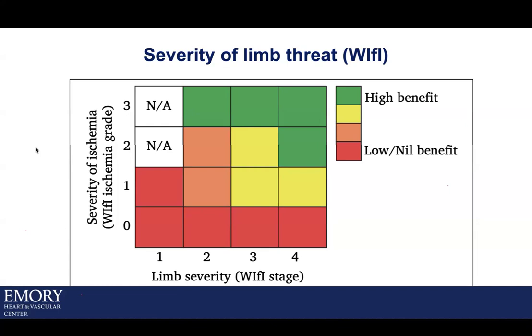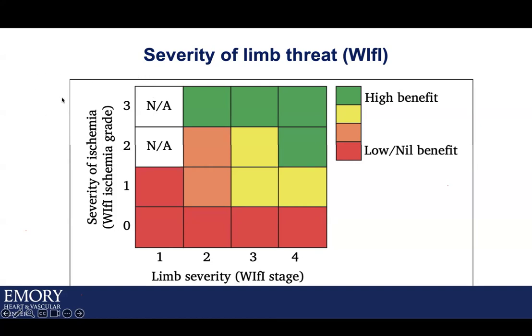In the setting of advanced tissue loss or infection, the Wi-Fi stage 4, revascularization may be of benefit in the presence of moderate ischemia, such as here. If you have limb severity, infection or ulcer stage 4, and you have moderate ischemia, then you can do intervention or revascularization. There is a good benefit.